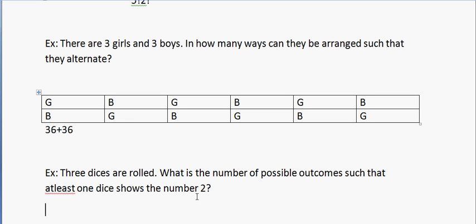Next question says 3 dice are rolled. What is the possible number of outcomes such that at least one die shows the number 2, right?